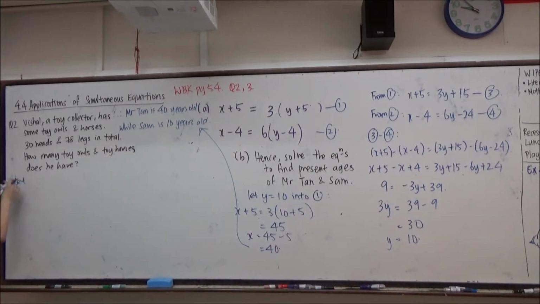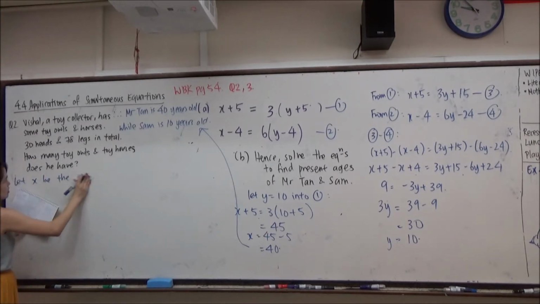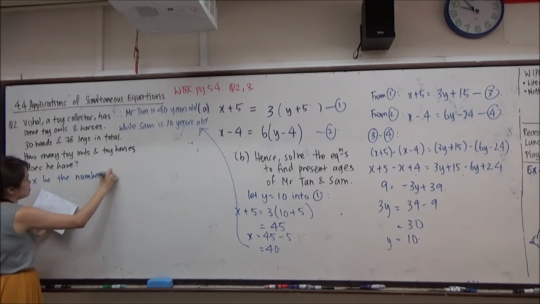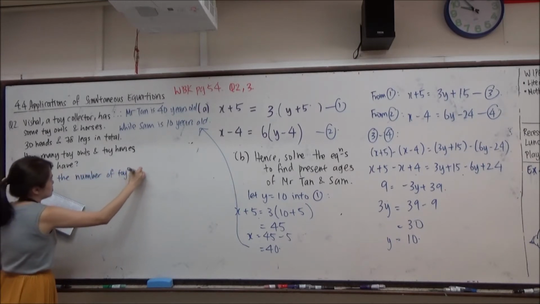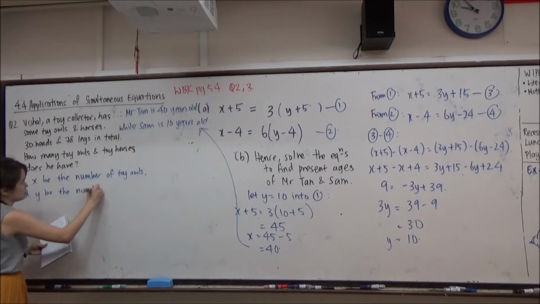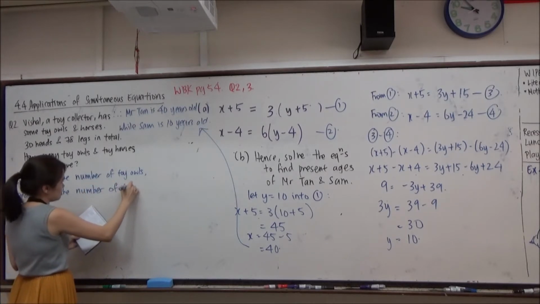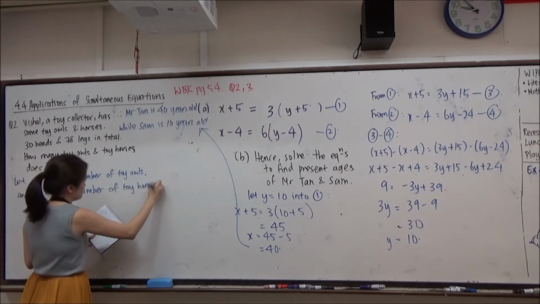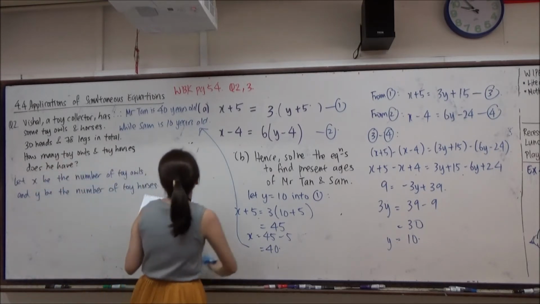Okay, I want you to let x be the number of toy owls and y be the number of toy horses.